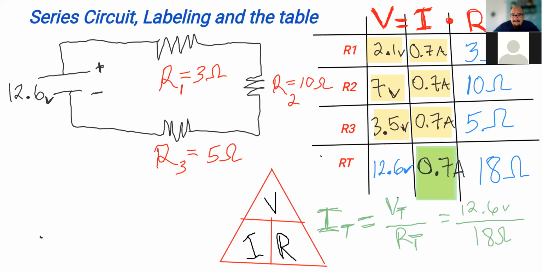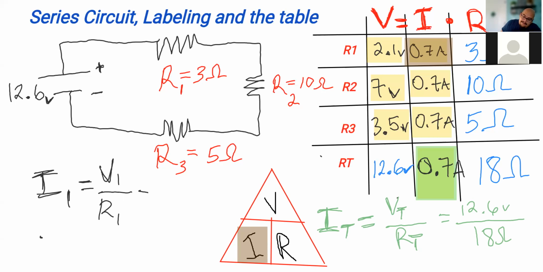So for row number 1, I1, and again I'm using the subindex, will equal V1 over R1. And we have that information.